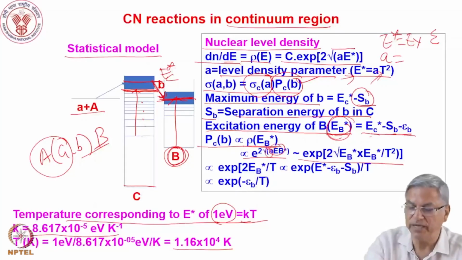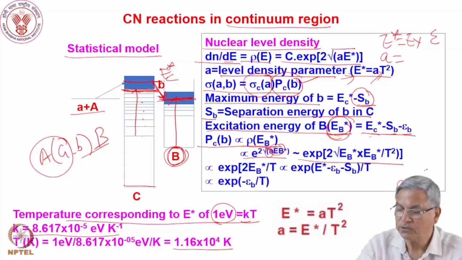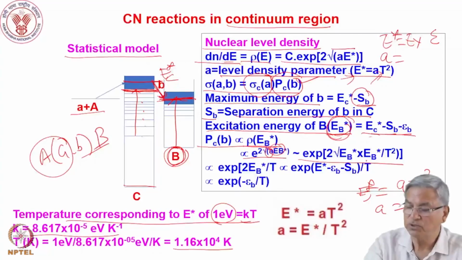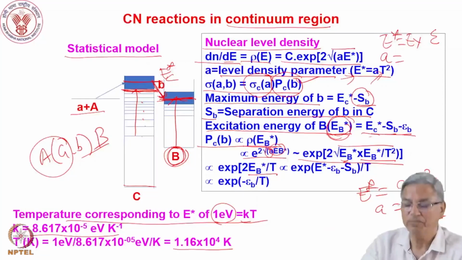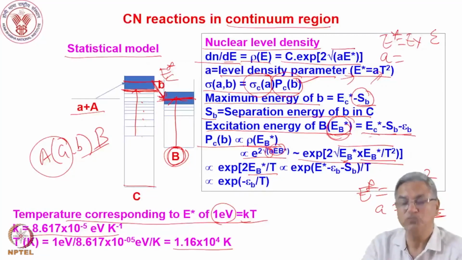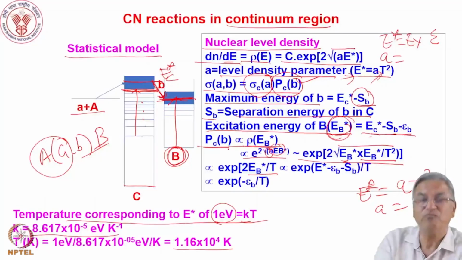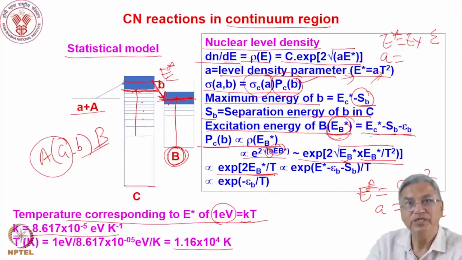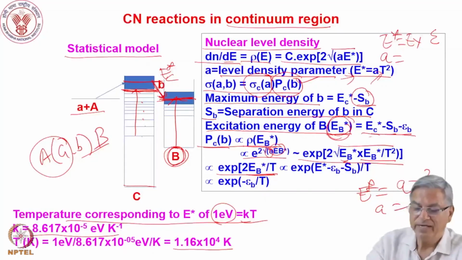You can substitute a in terms of a T squared equal to E star, so a equals E by T squared. Substituting here, E star by T squared into E star, 2 root of E_B squared upon T squared, so it becomes 2E_B by T. So we have taken care of the level density parameter, which we do not know. So the probability of decay of b to the residual nucleus is exponential of 2E_B star upon T, where T is the temperature. And we do not know the E star.